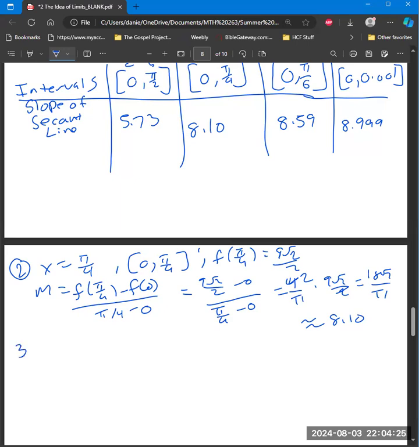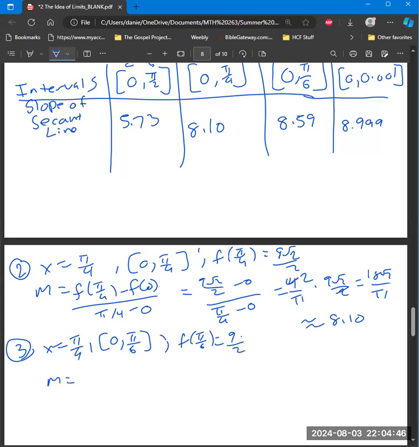And the third one that we did here, x equals pi over 6, makes my interval like this. F of pi over 6 is 9 times a half, which is 9 halves.